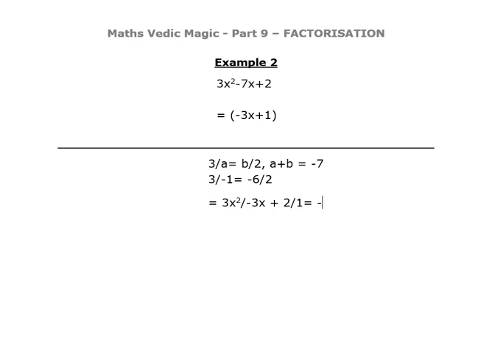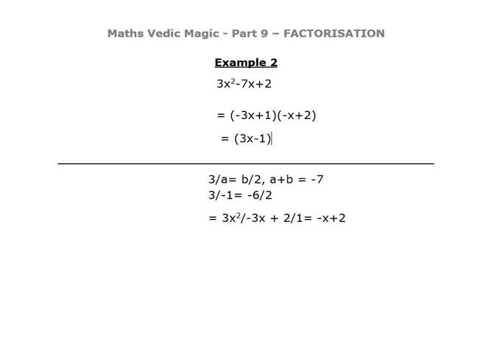So our second factor is minus x plus 2. This can also be written, because if we take out both minus signs and change the signs, as 3x minus 1 into x minus 2. So both are the same solutions to the equation. Let's look at another example.